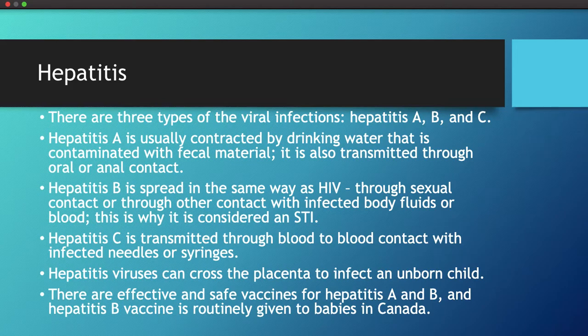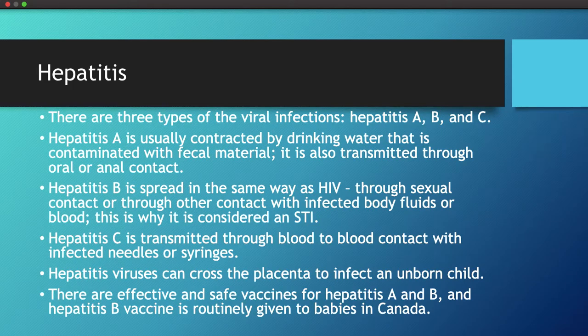So this can be sexually transmitted, but it's mostly transmitted through drinking water. If you're going to a foreign country that doesn't have the same sanitary practices as we do in Canada, you might want to protect yourself against this, and you can do so by getting a vaccine.